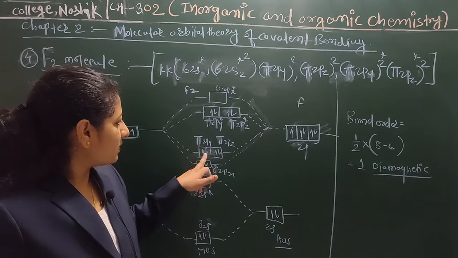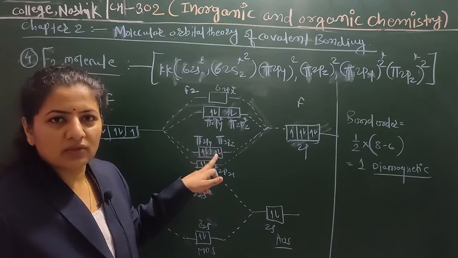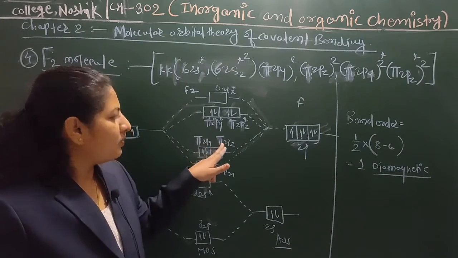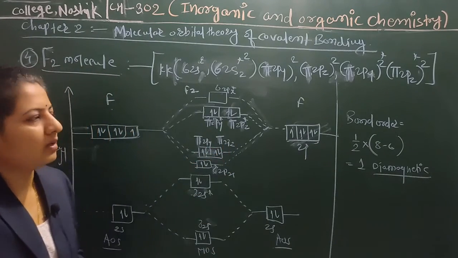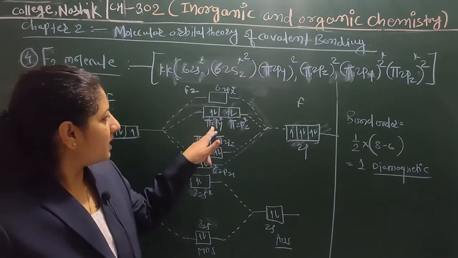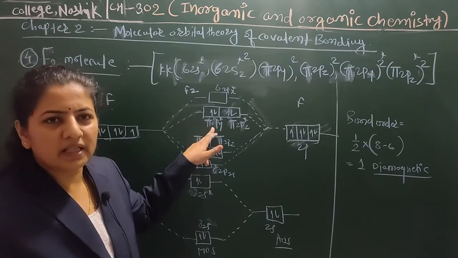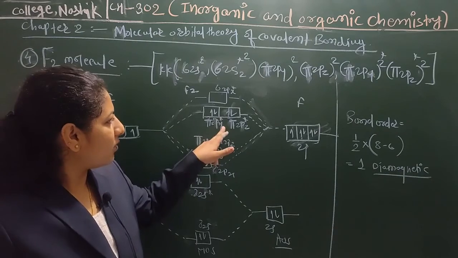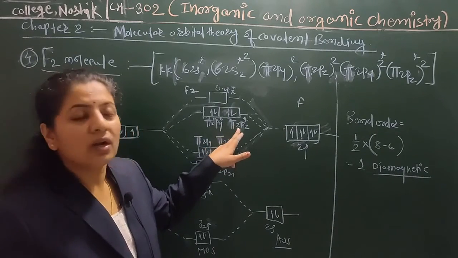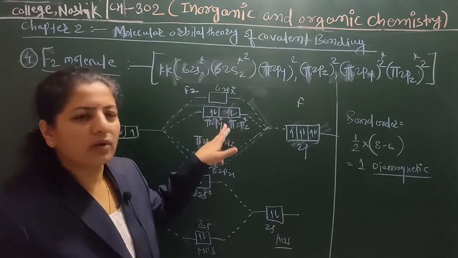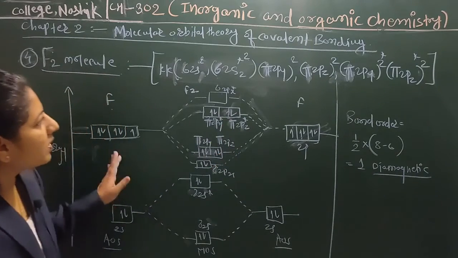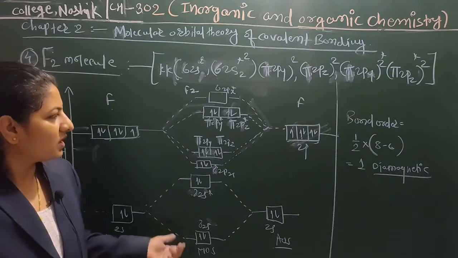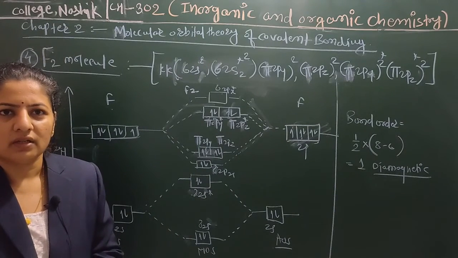After that, 4 electrons enter the pi 2py and pi 2pz orbitals of fluorine, and in the antibonding orbitals the same 4 electrons, 2 in pi star 2py and 2 in pi star 2pz, are occupied. So this is all about the MO energy level diagram for the F2 molecule.